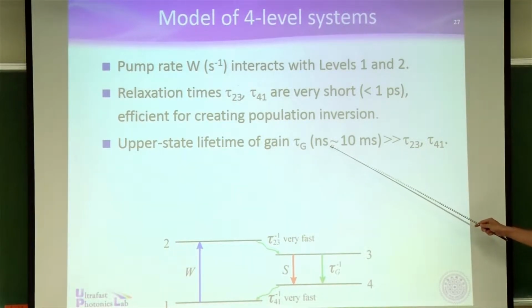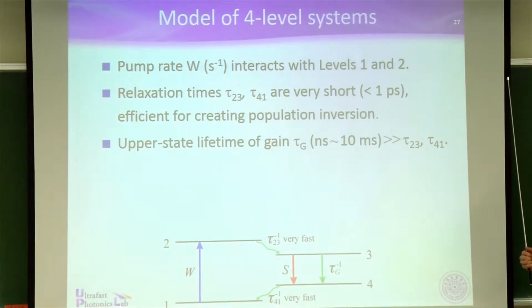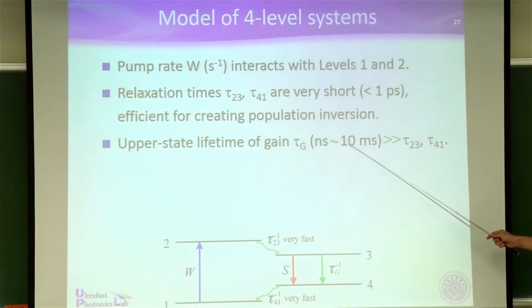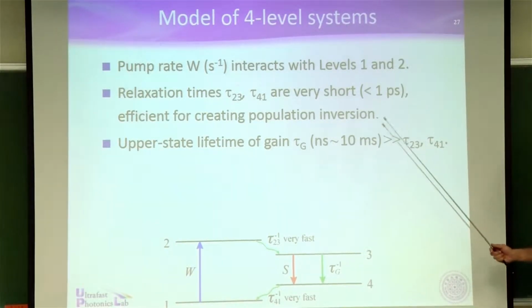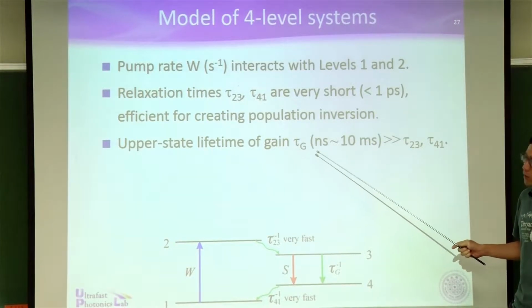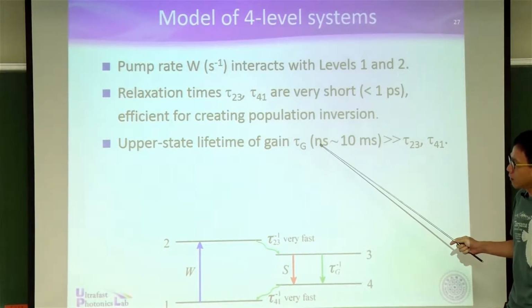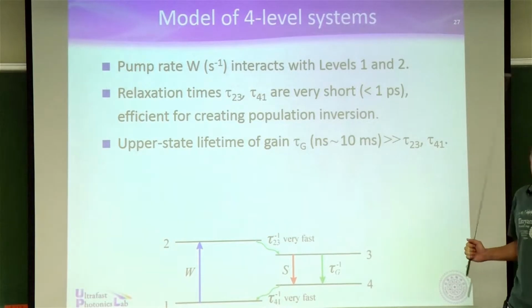For a semiconductor optical amplifier, tau g is very short, on the order of nanoseconds. But for something like erbium-doped fiber, tau g could be very long, like 10 milliseconds. So it depends on the gain medium. Tau g can be very short or very long.